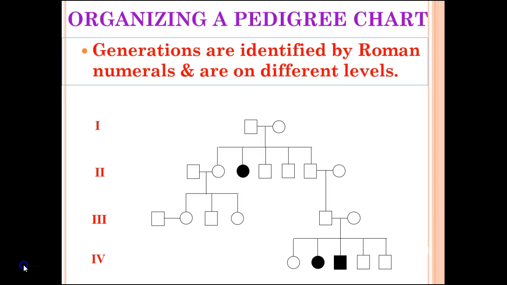So you can see Roman numeral 1, that's the first generation we're looking at, and those are parents, and those parents are next to each other. Then if you look down to the next generation, you have their children and their children's spouses. They're in line with each other, and so on and so forth. So Roman numerals represent generations.